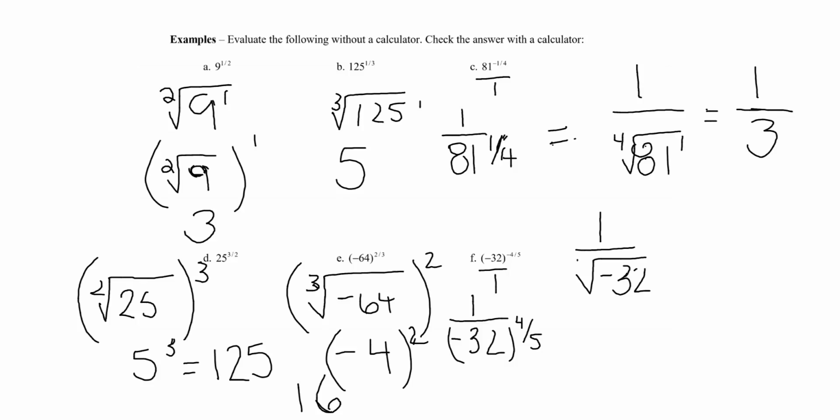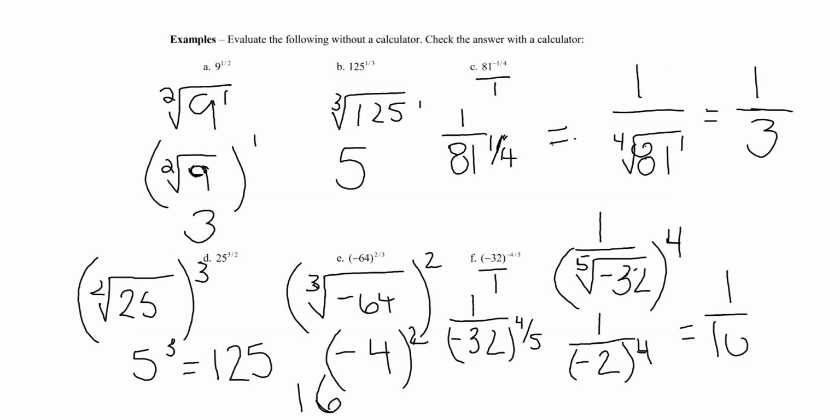The index is 5, because that's my denominator. And my exponent is going to be 4. The 5th root of negative 32 is negative 2. And then what we're going to do is raise that to the 4th power. So my final answer is going to be 1 over positive 16, because negative 2 times negative 2 times negative 2 times negative 2 will give me a positive 16.